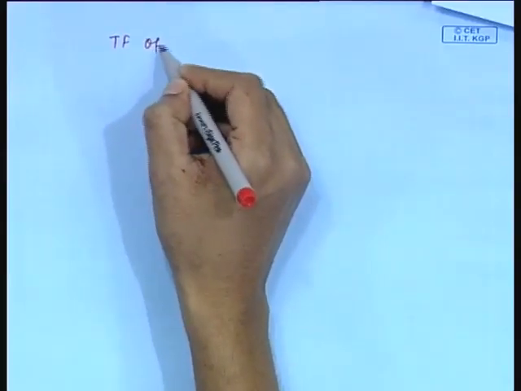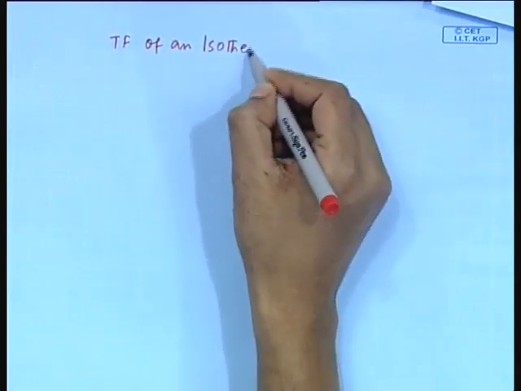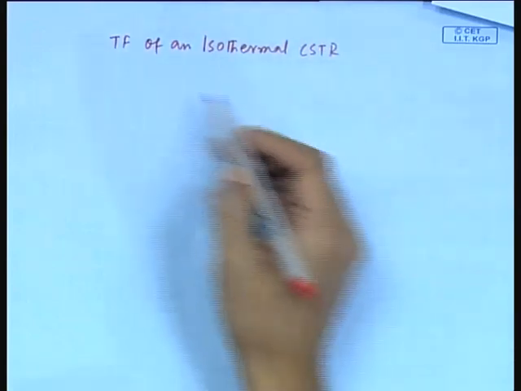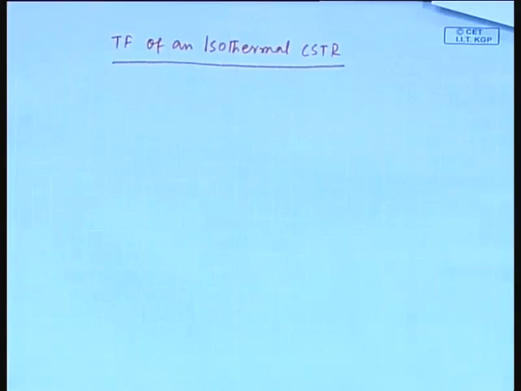In the next we will consider another example, that is a CSTR. So, we will derive the transfer function of an isothermal CSTR.